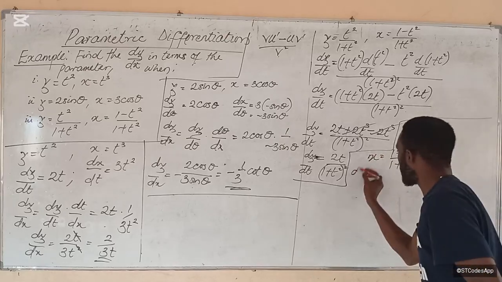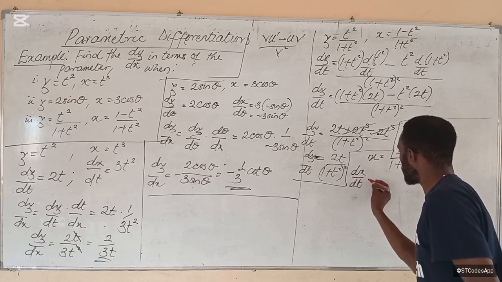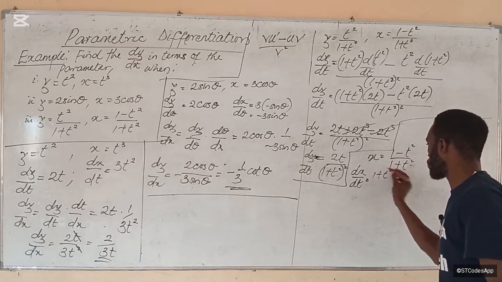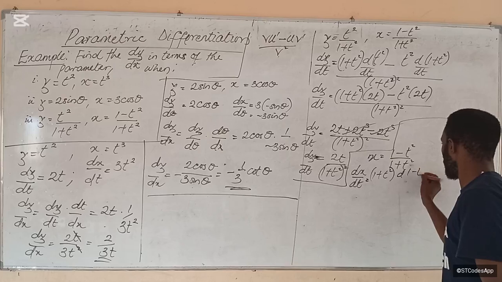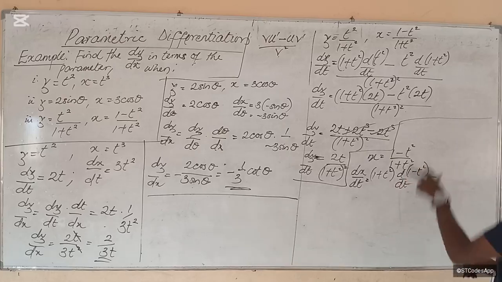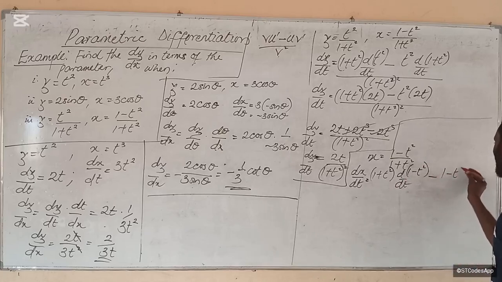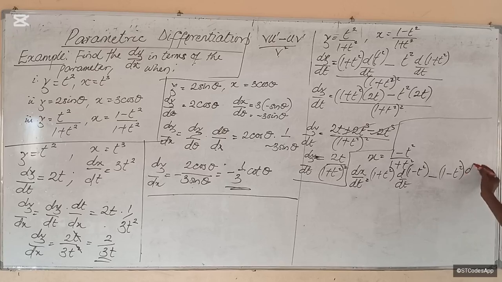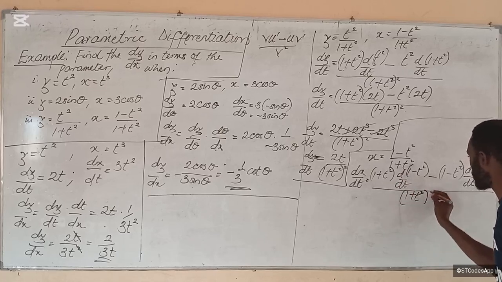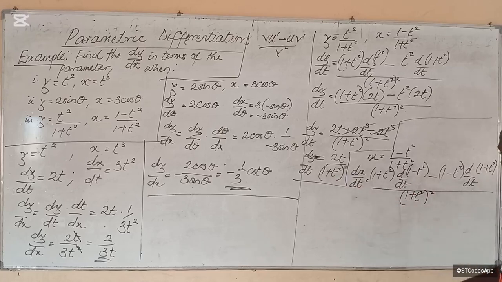So dx/dt will now be equal to bottom times the derivative of the top, that will be 1 plus t squared times d(1 minus t squared)/dt, minus top times the derivative of the bottom, 1 minus t squared times d(1 plus t squared)/dt, over bottom squared, 1 plus t squared all squared. This is what we had before too.